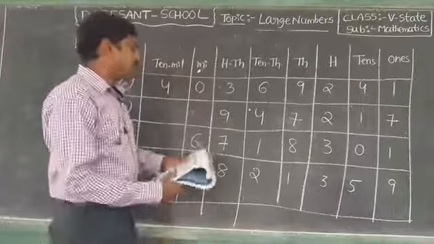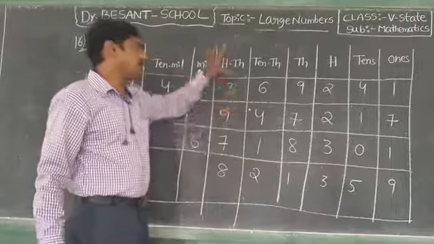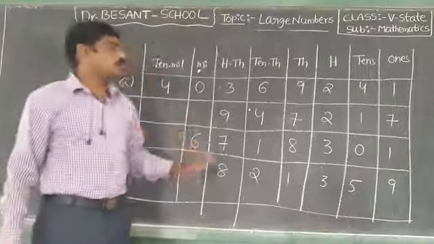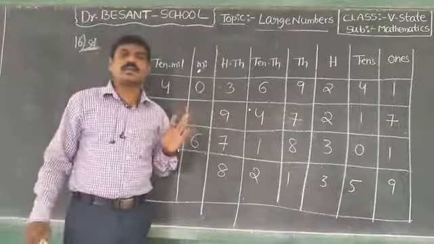Why? Because it starts with 821,000, that means only the 100,000 place has started. Okay children, so this is the 16th one solution. I hope it's very clear. Note down.